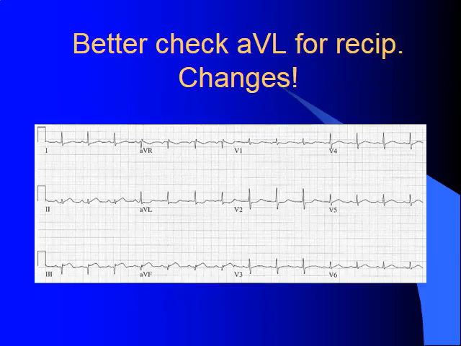So here is an example of what I was discussing just a little while ago, with the left axis deviation reminding us to look for very subtle changes in our ST segment in the inferior leads. Noting here we do have the axis deviated to the left.